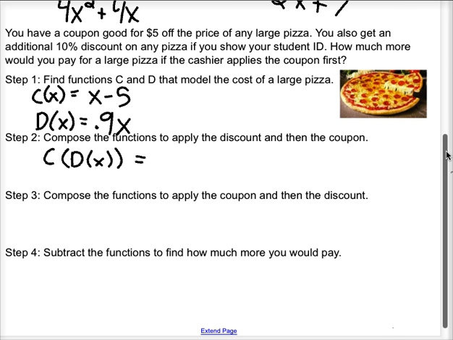All right. So applying the discount first, we take d of x and we're going to put that in wherever we see x in c of x. So that x now becomes 0.9x, and then we have our minus 5.